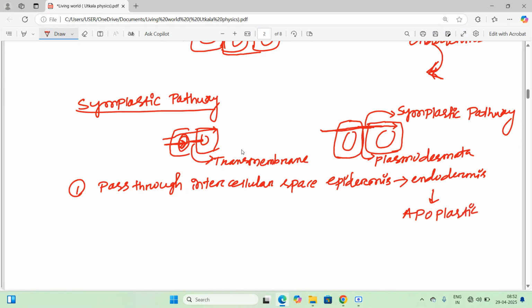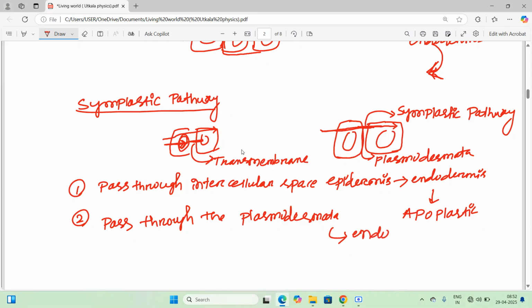Secondly, if it passes through the plasmodesmata from endodermis, then it will be the symplastic pathway.